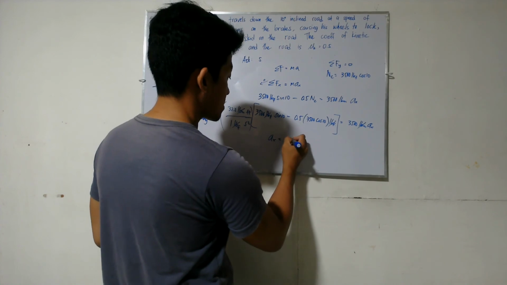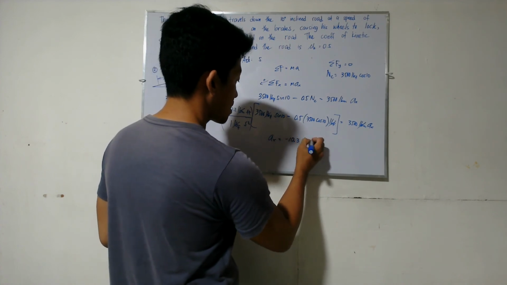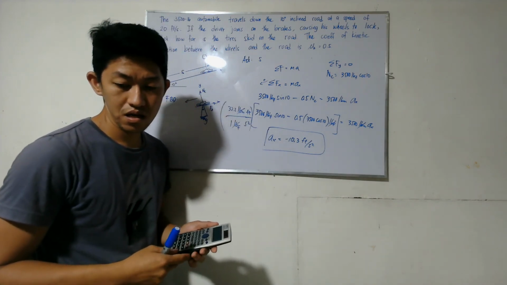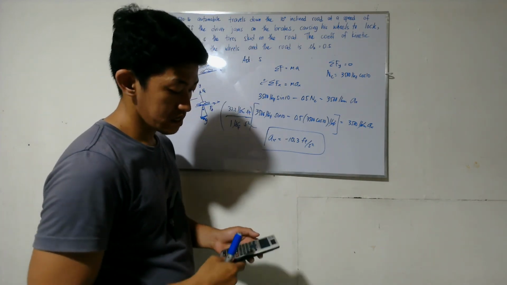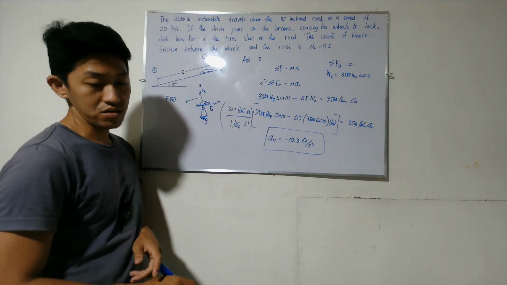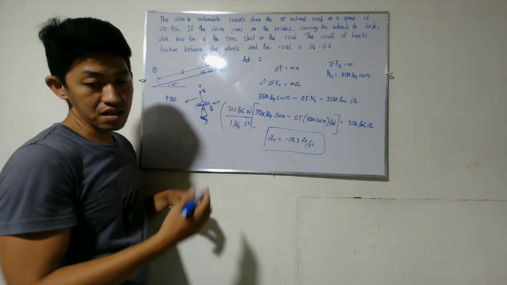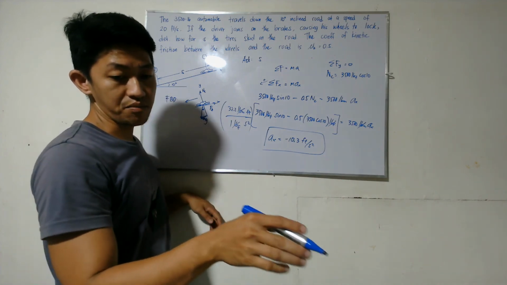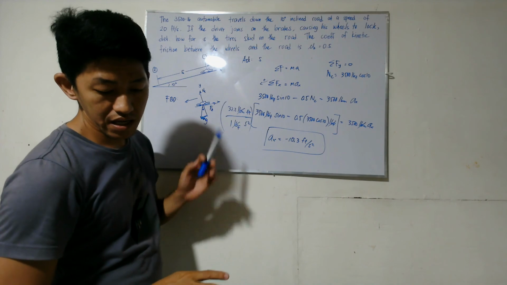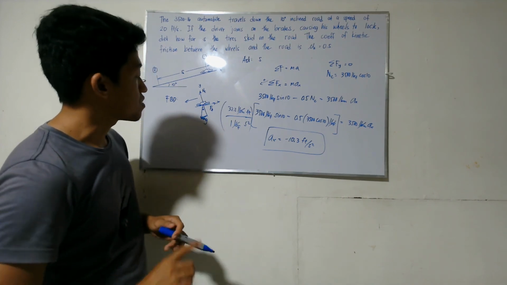The answer is negative 10.3. Okay? So negative, is this wrong? Take note that your car is decelerating. It is slowing down, so it is negative. So you should double check.